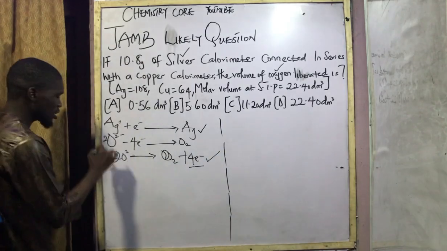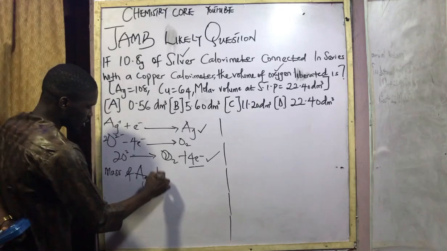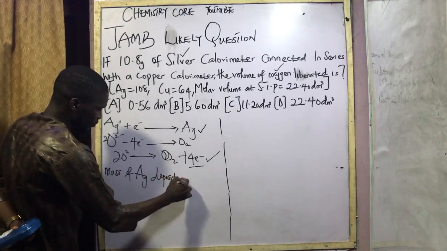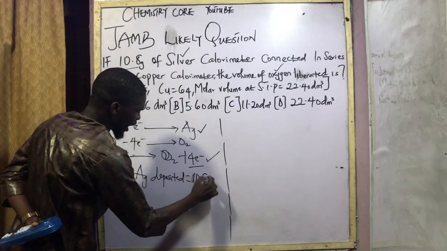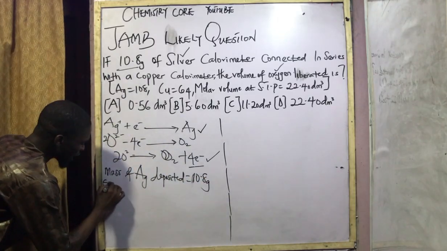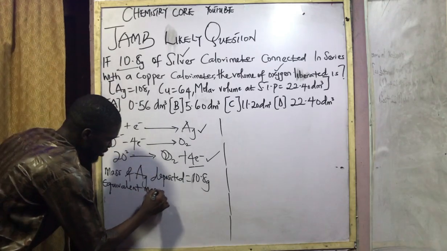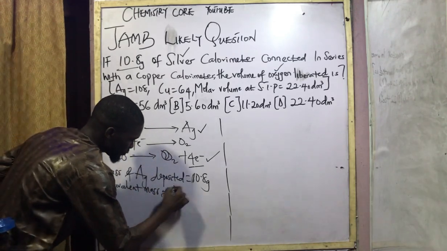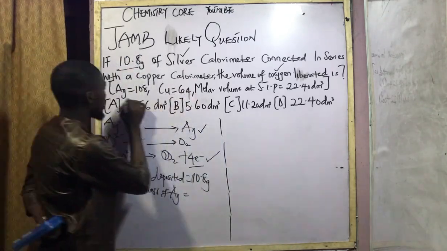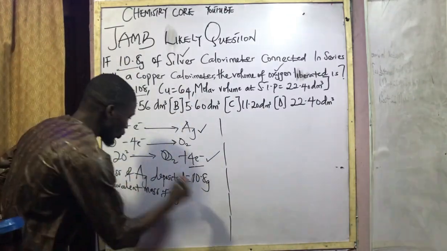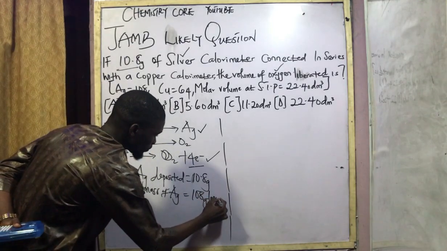So come closer guys. Mass of silver deposited is equal to this. We have 10.8 gram. Then equivalent mass of silver is equal to what we have here as the relative molecular mass, which is this gram per mole.